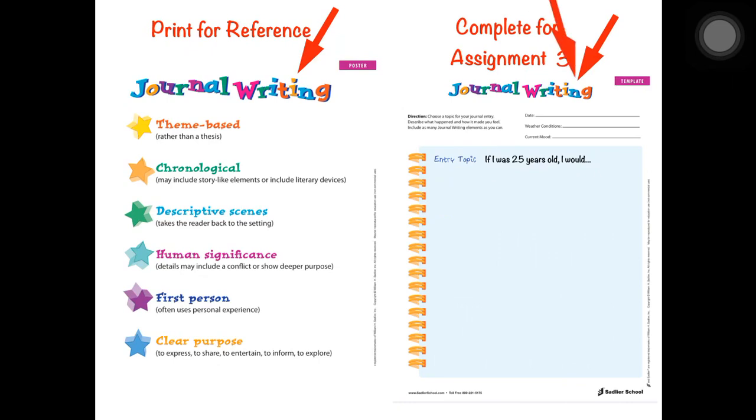Journal writing can be much more relaxed. I don't want you to stress over these. So tell me the topic you'd like to write on for assignment 1, then do a nice little journal entry for assignment 2. Then for assignment 3, I want you to do a journal entry with this topic: if I was 25 years old, I would.